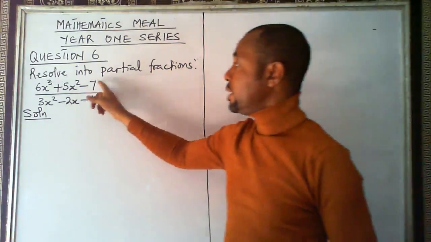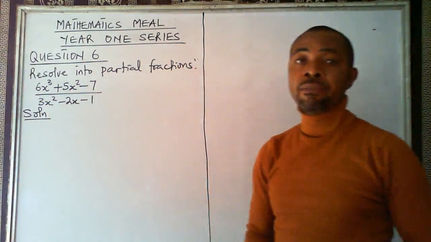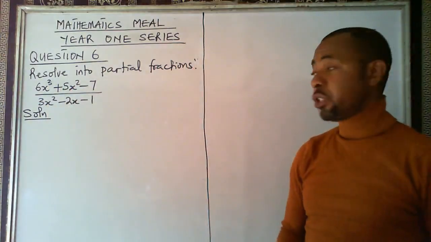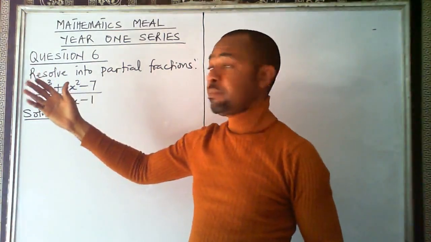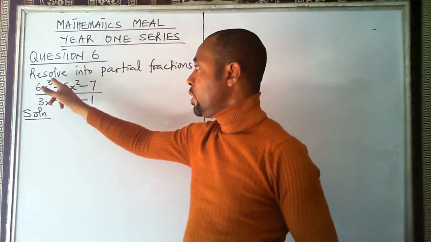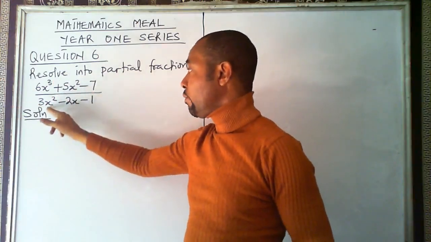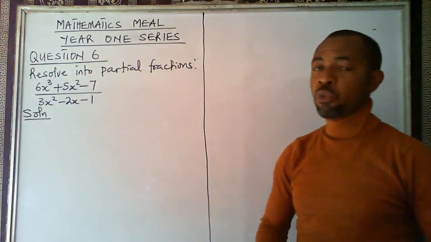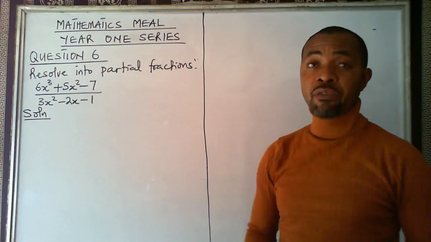If we look at this, the highest power in the numerator is greater than the highest power in the denominator. For you to resolve a fraction into partial fractions, the denominator must be of higher degree than the numerator. But here the degree of the numerator is greater than that of the denominator, so we cannot start the resolution immediately.